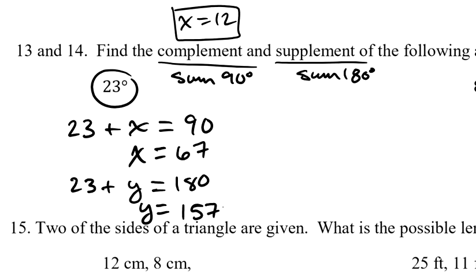So complements and supplements. Same thing over here. I don't really need to write all of this out, but I will. If I add them up, I get 90. Therefore, x is just a 1. If I add them up for the supplements, plus some angle y, I get 180. If I take 180 and subtract 89, I'm looking at 91.